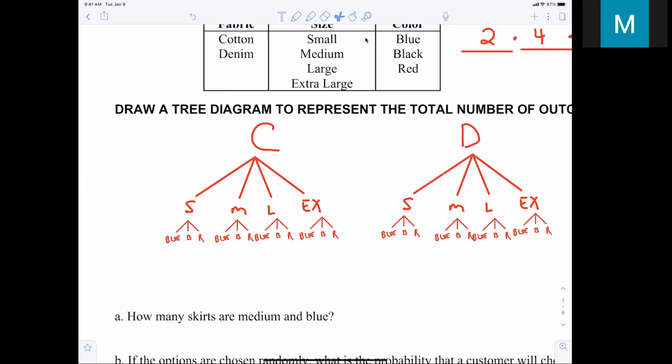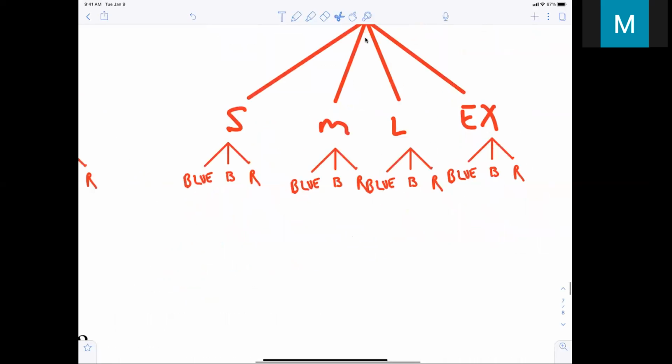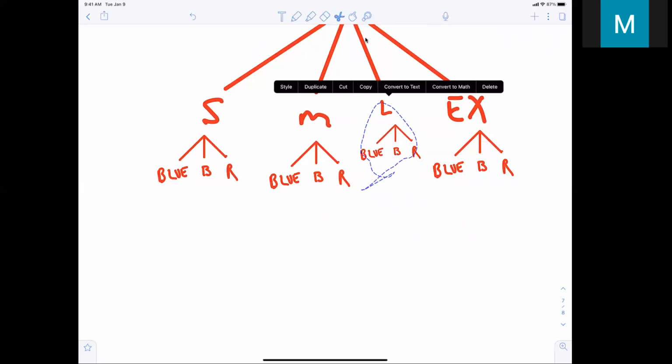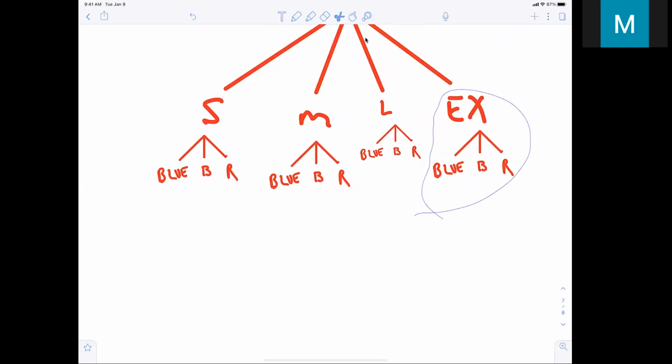Now this one's a little not so good. Just shrink it down a little bit.